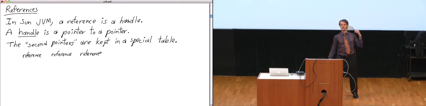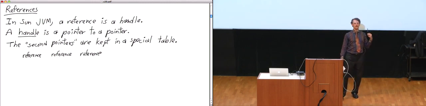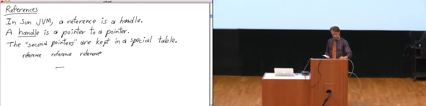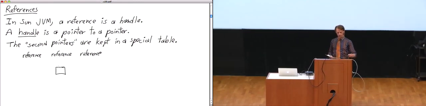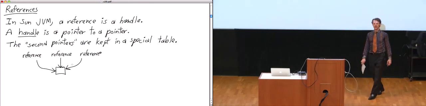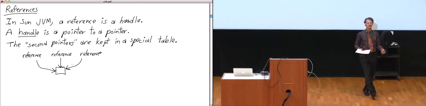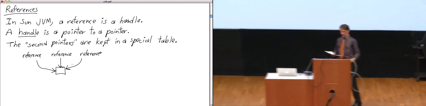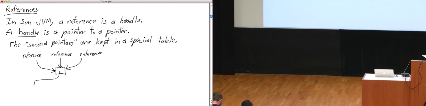Well, all those references aren't really pointers to an object. Rather, there's this little box in memory that's just big enough to store one memory address, and all the references point to that. So all these references to an object really point to a little box somewhere in memory that is not the object, but that little box does point to the object.